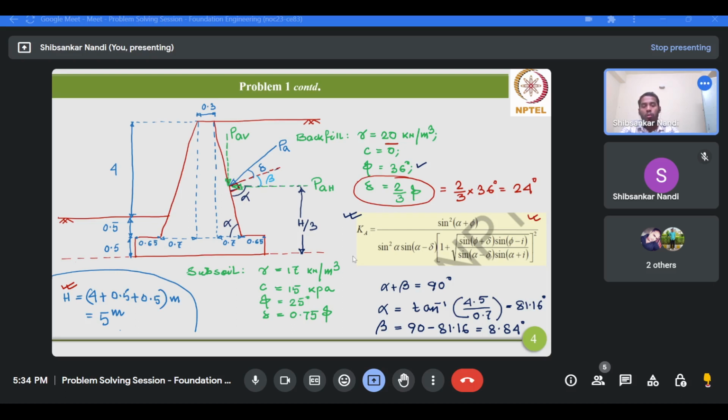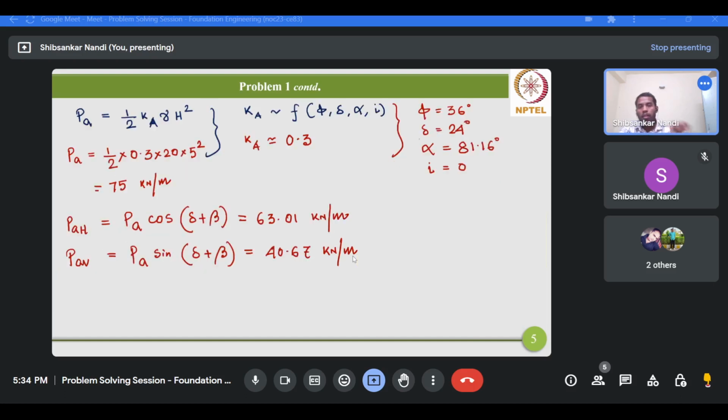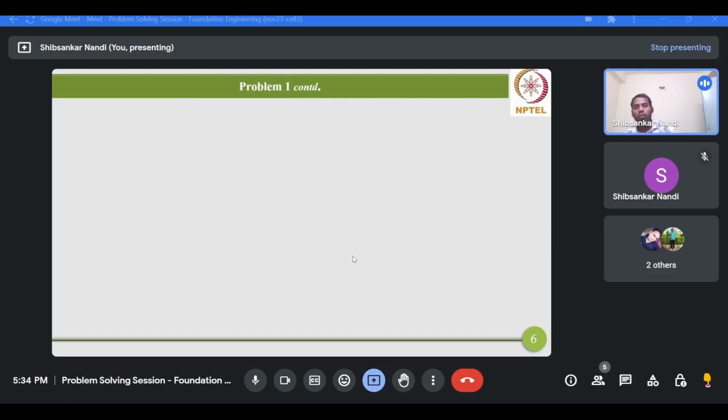Now we'll try to determine the resisting force and the driving force involved in this problem, as well as their lever arm from the toe of the wall, because this calculation will help us eventually determine the overturning moment and the resisting moment. Therefore we will make a table.